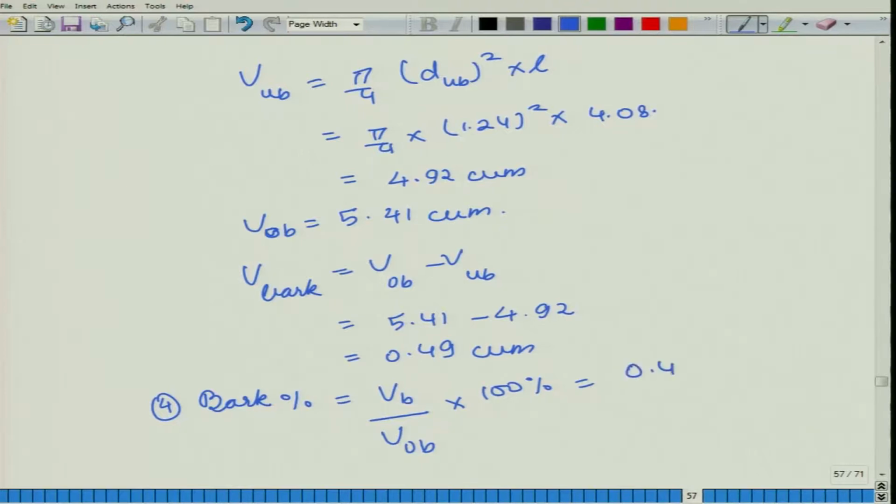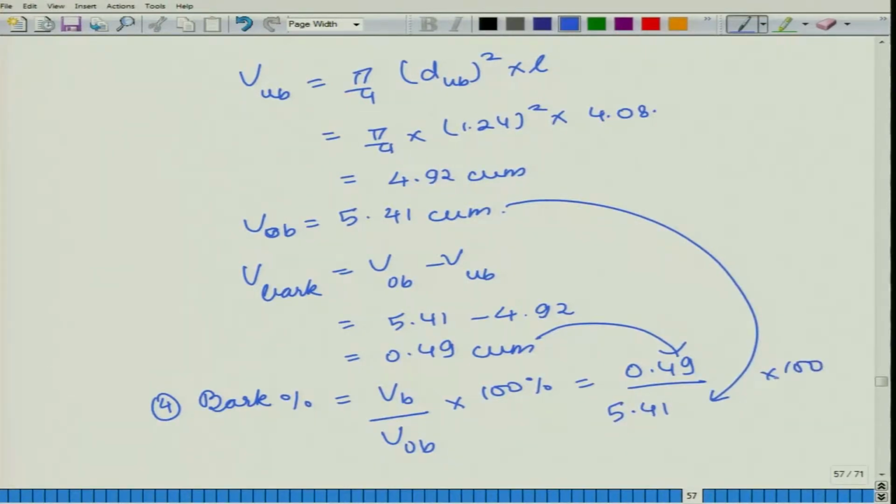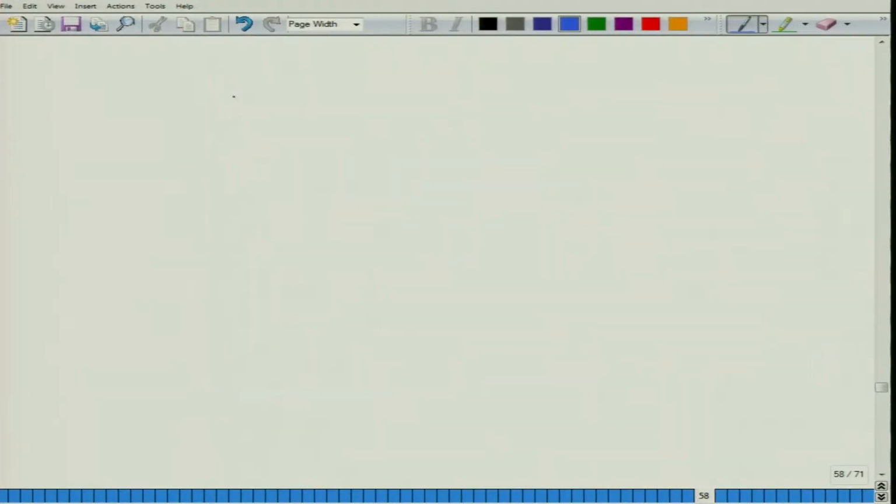So, it comes to 0.49 divided by 5.41 into 100. So, it comes to 9.06%. So, what we can say from this value is that nearly 10% of the volume of your tree is comprised of the bark. Suppose we were using the volume table.